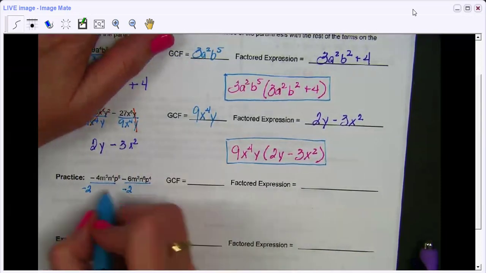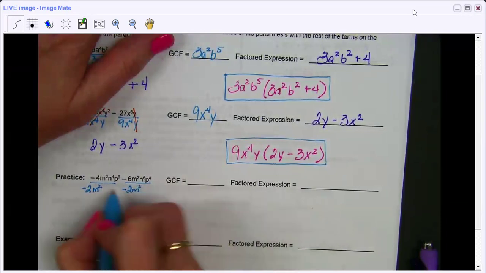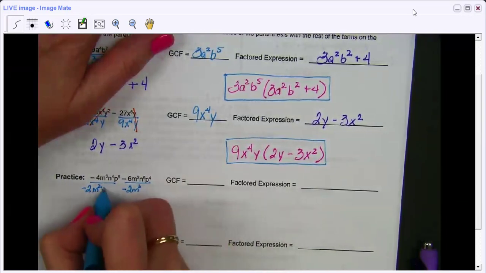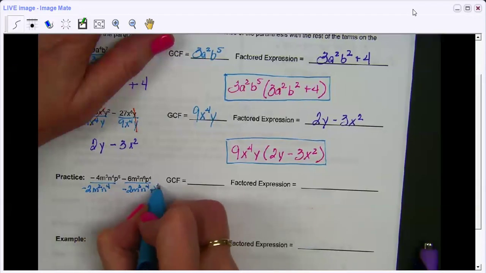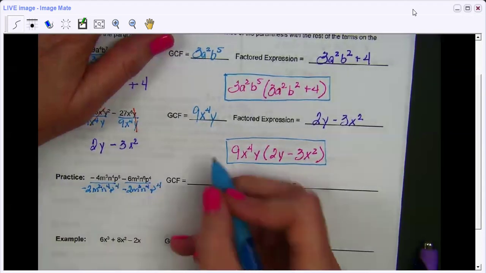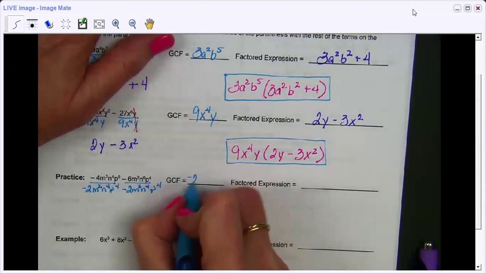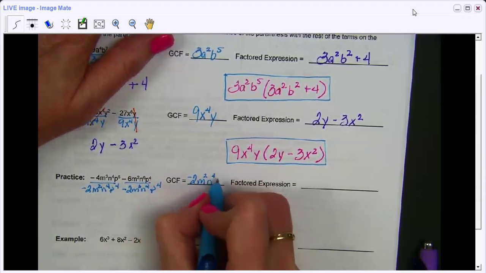I can factor out 2 m's. I can factor out 4 n's. Factor out 4 p's. So my GCF is -2 m squared n to the 4th p to the 4th.